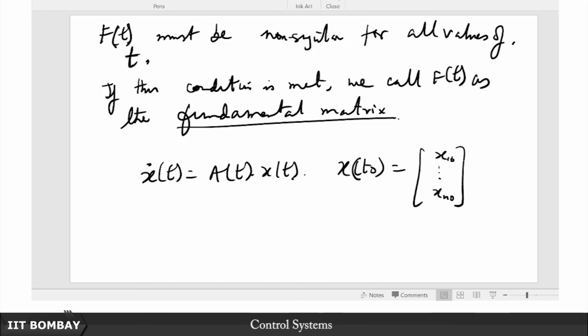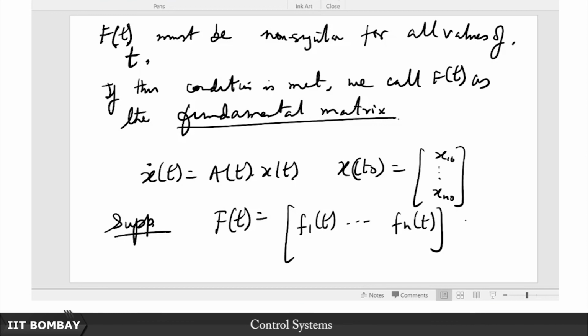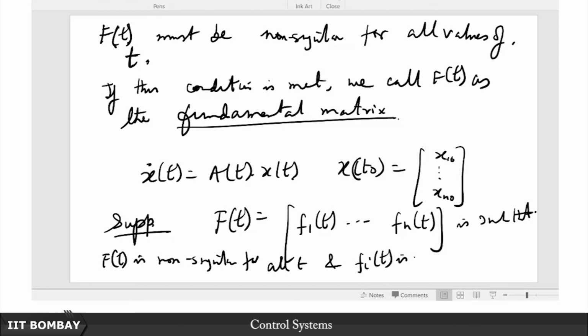In order to solve this, I already supposed right at the beginning that someone gives you a matrix F(t) whose columns f1(t) till fn(t) are such that F(t) is non-singular for all t and each fi(t) is a solution of, let me call this equation the star equation, so it is a solution of star for some initial condition.